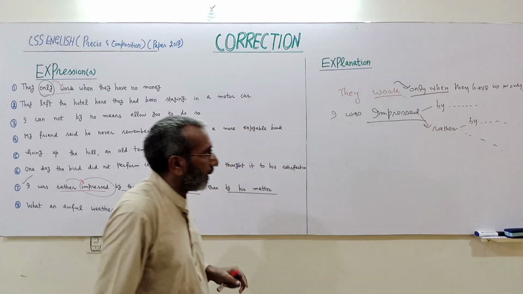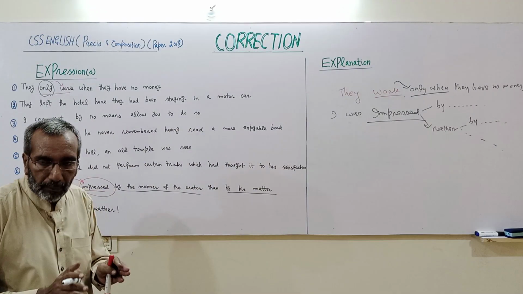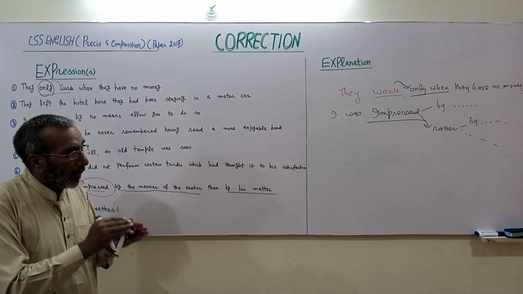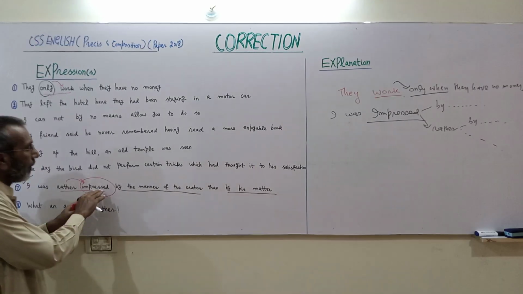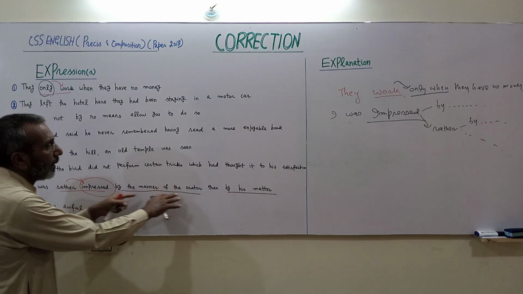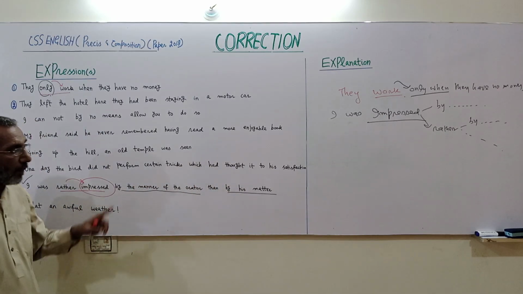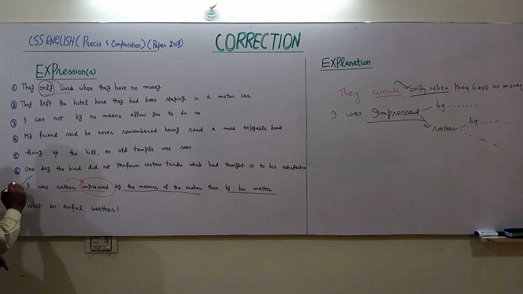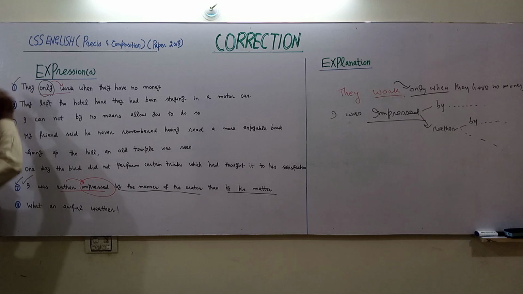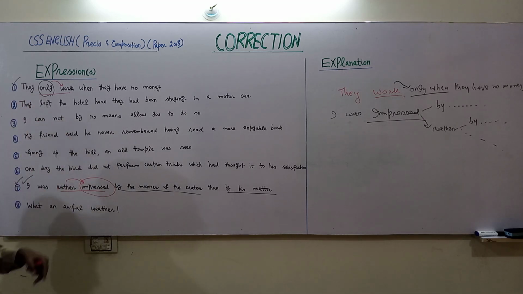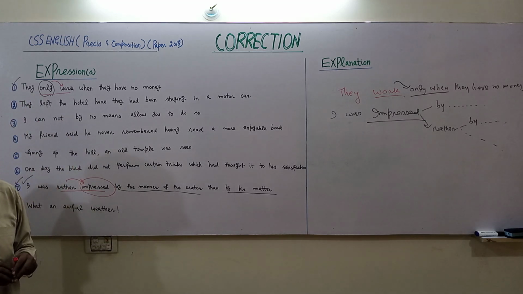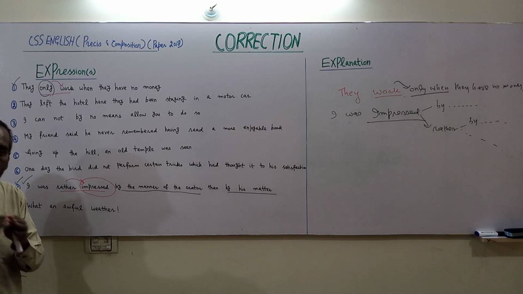Are you getting it? No. I was impressed, I got impressed, and then rather by this thing than this thing. So the rule is almost the same, right? The same rule actually is being applied over here. First go for the main word and then you modify.